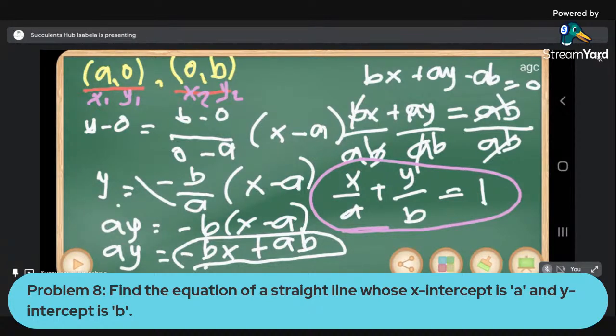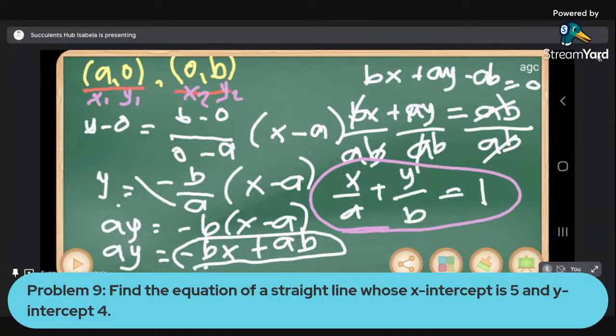So, nasolve natin yung problem, na-derive pa natin yung intercept form of the equation of a line. Paki-note yan ha. X over a plus y over b is equal to 1, where a is the x-intercept and b is the y-intercept. So how are we going to apply that in a problem?